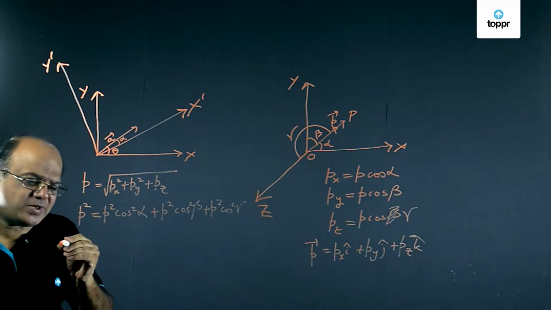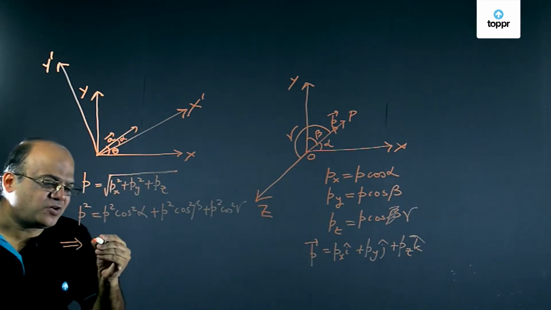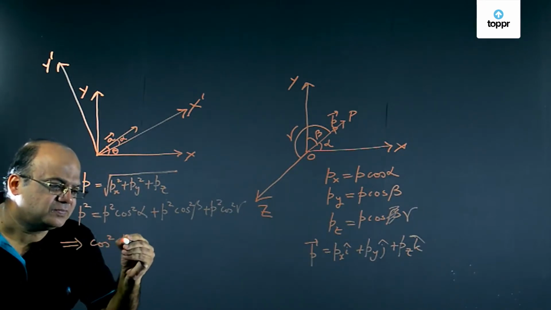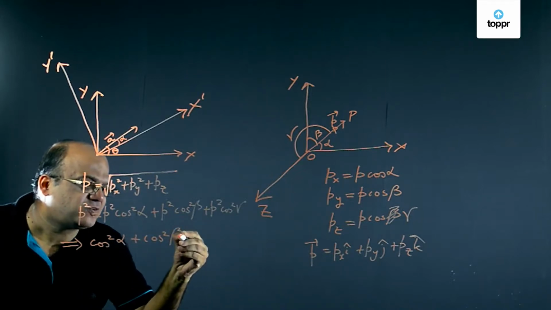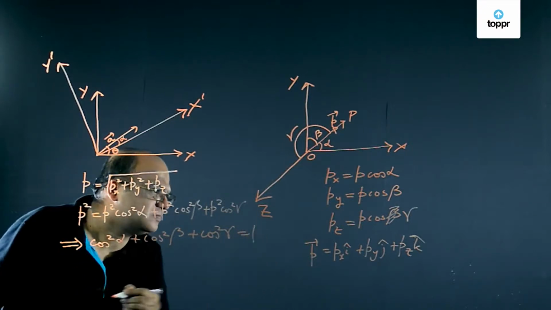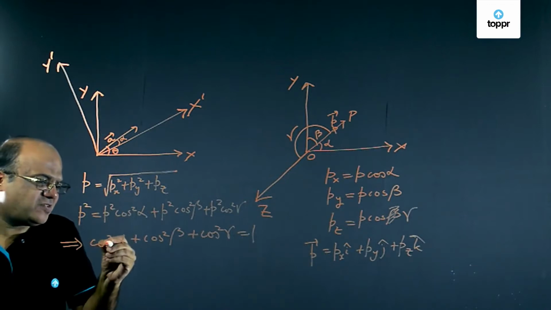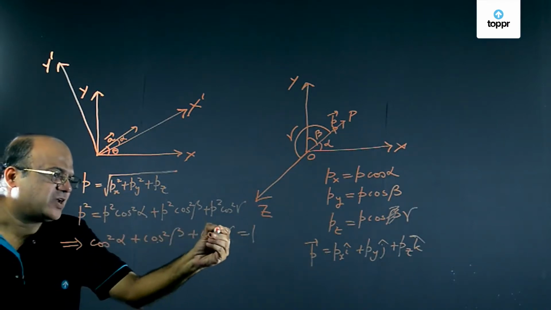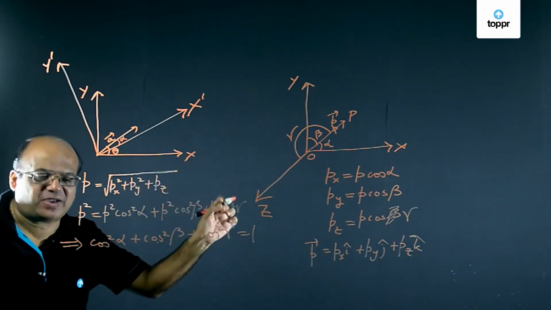So from here we get a very important relationship that cos square alpha plus cos square beta plus cos square gamma is equal to 1. These cos alpha, cos beta and cos gamma are called direction cosines of P vector.